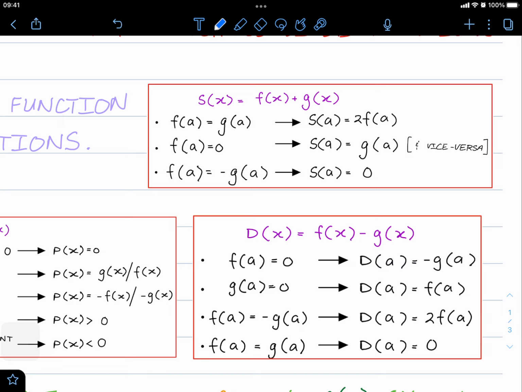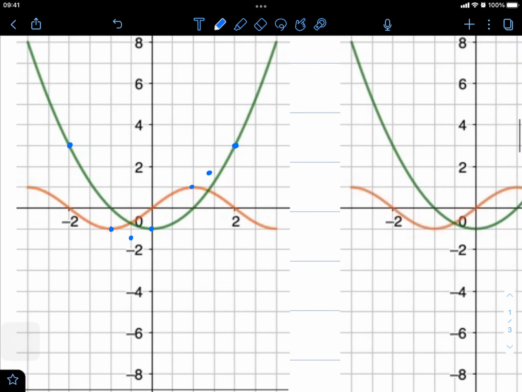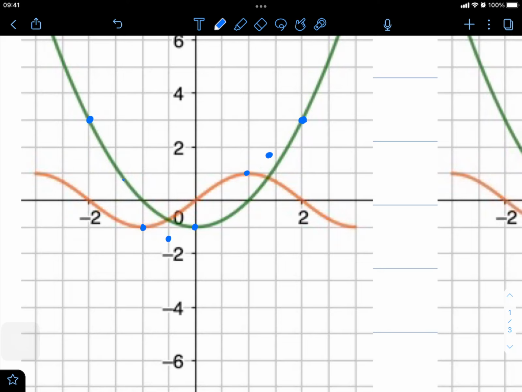The last one is when one graph is equal to the negative of the other. This one's slightly harder to find. So let's take a look. I can see approximately at this point, when I duplicate it and move it underneath, it looks very close that there is where a point of intersection is going to be.